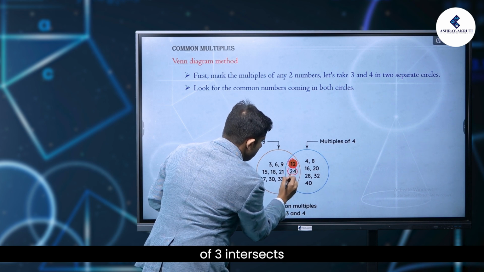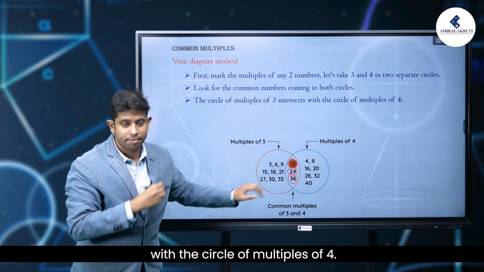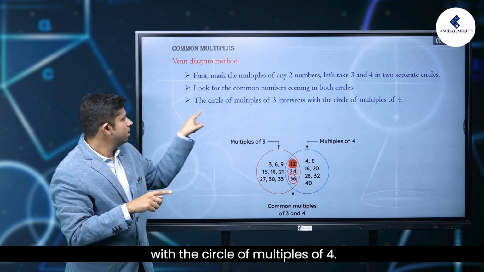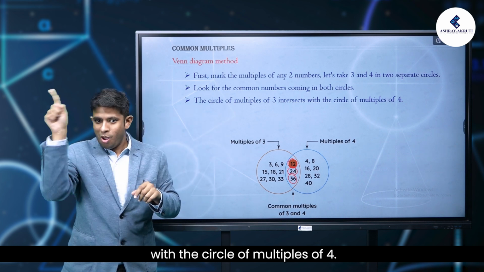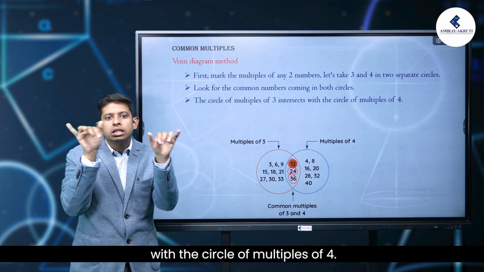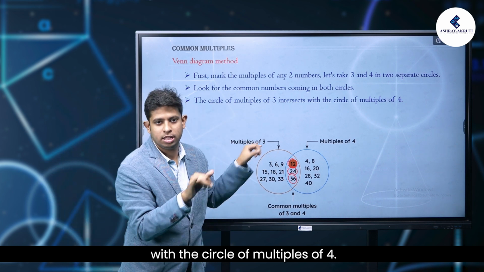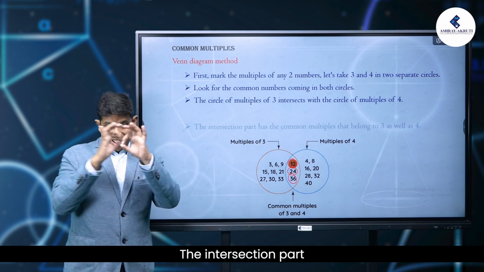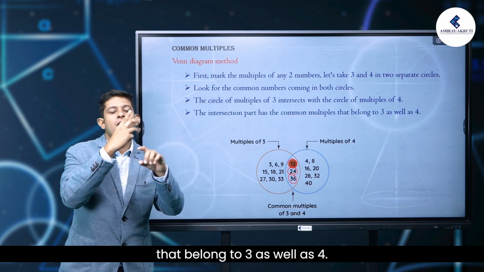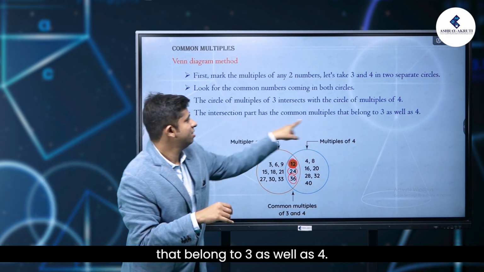The circle of multiples of 3 intersects with the circle of multiples of 4. The intersection part has the common multiples that belong to 3 as well as 4.